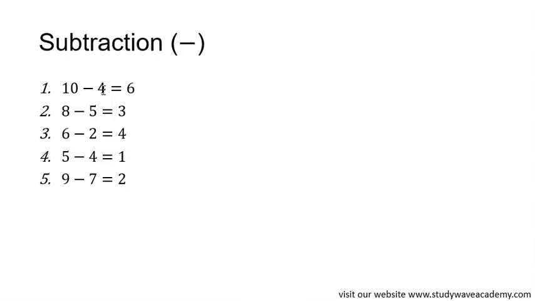You start from the right to the left. 1, 2, 3, 4, 5, 6, 7, 8, 9, 10. You're done counting 10 fingers, right? Now you take away 4 fingers. Okay? Using your right hand, you take away 4 fingers. So count 4 first.